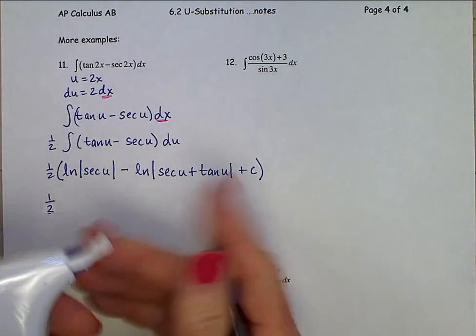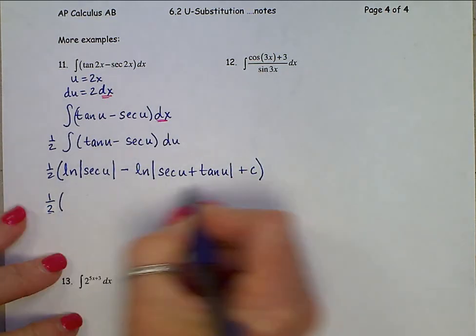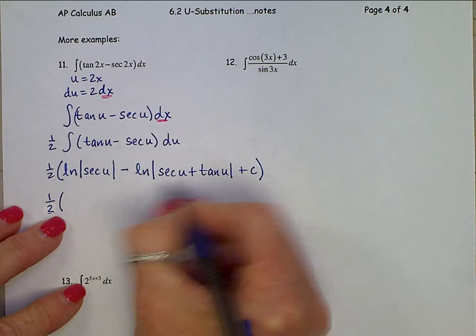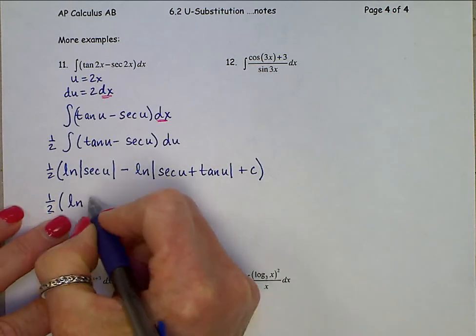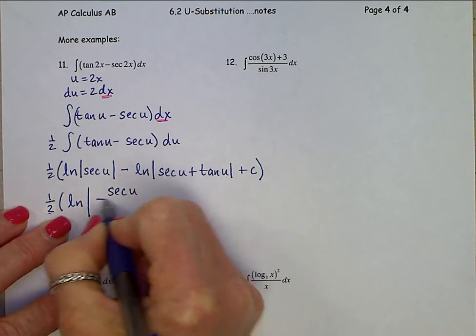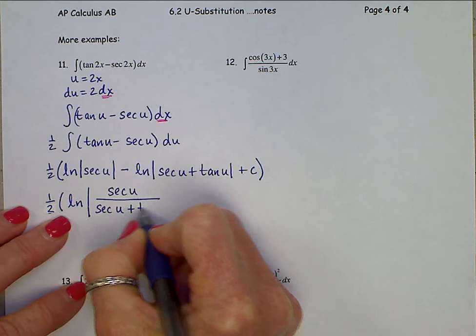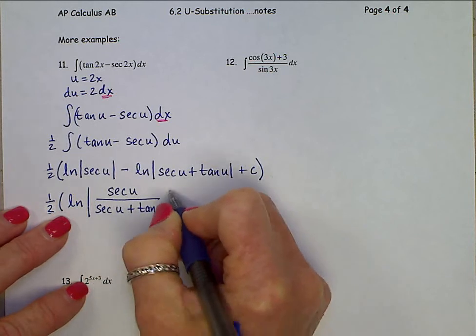It's paper tape. Anyway, we can combine these logs by dividing the arguments. So this is the natural log of absolute value secant u over secant u plus tangent u, plus a c.